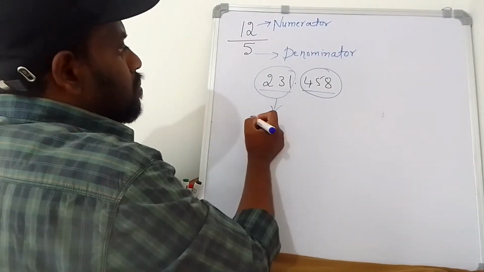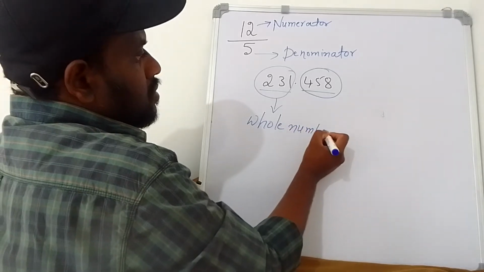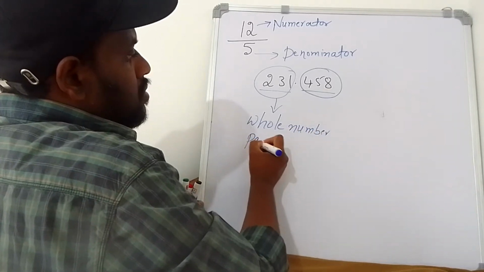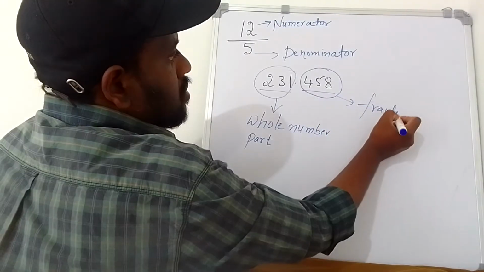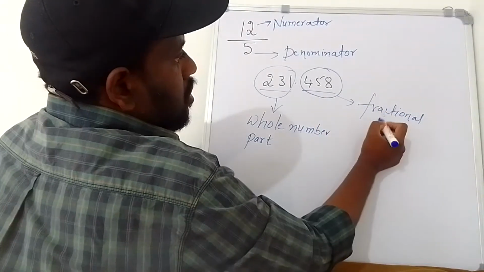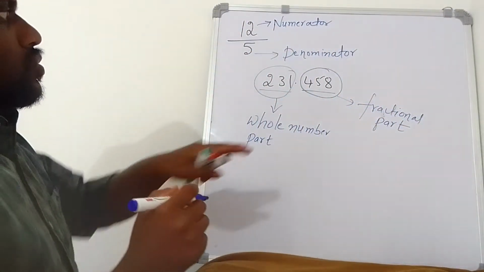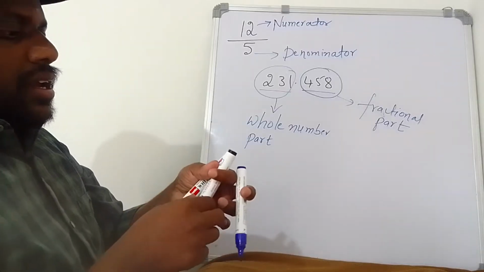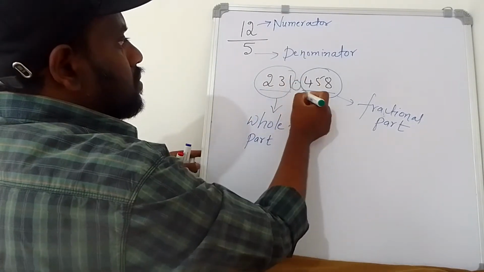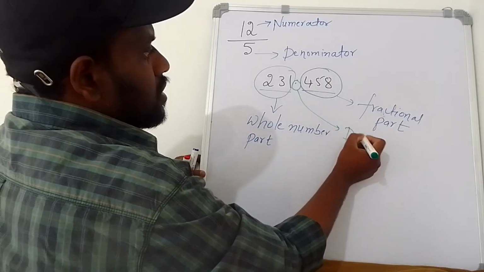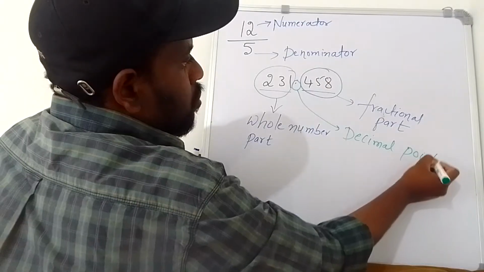This is the whole number part, and this is the fractional part, separated by a decimal point. This is the decimal point.